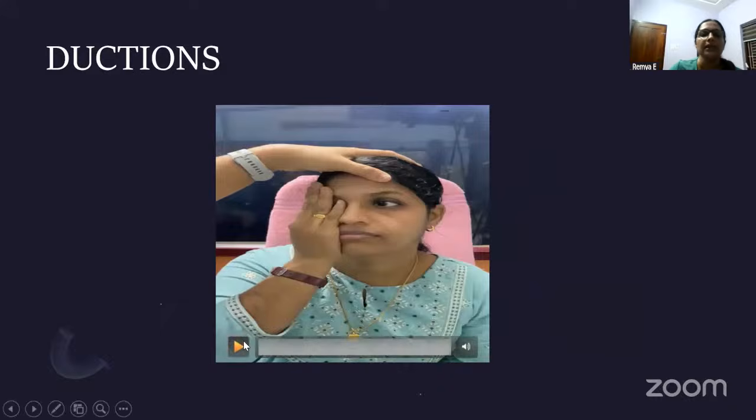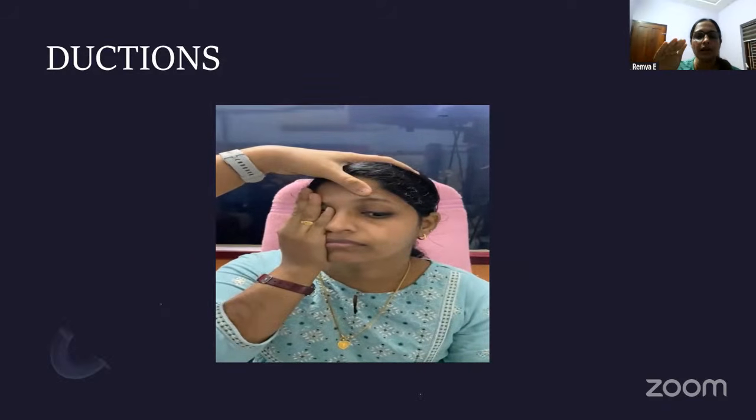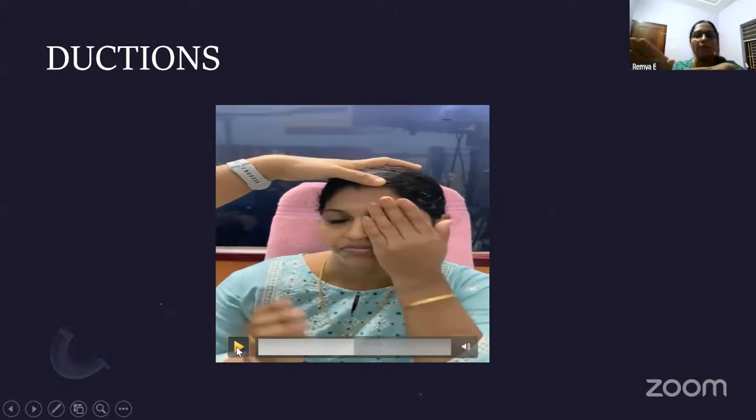Now, ductions. Ductions means when you cover one eye and look at the movement. You have to see adduction, abduction, then elevation and depression. So why do you have to do that? If the versions are normal, ductions will be normal. But sometimes, in a case of essential infantile esotropia, the child has cross fixation.